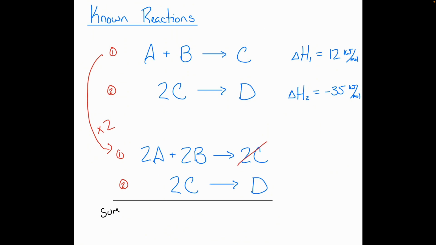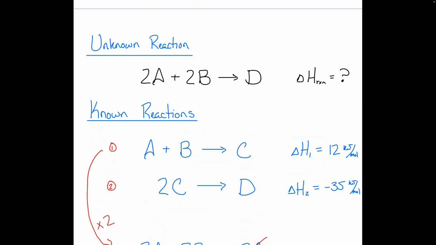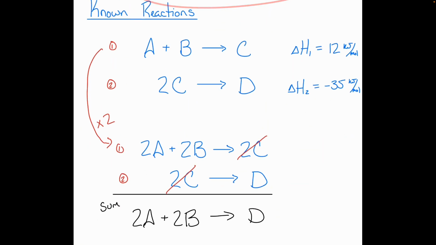All right, we can see those two C's will cross out, and so I'm indeed left with my 2A plus 2B gives me my D, right? My overall unknown reaction that I was looking for.